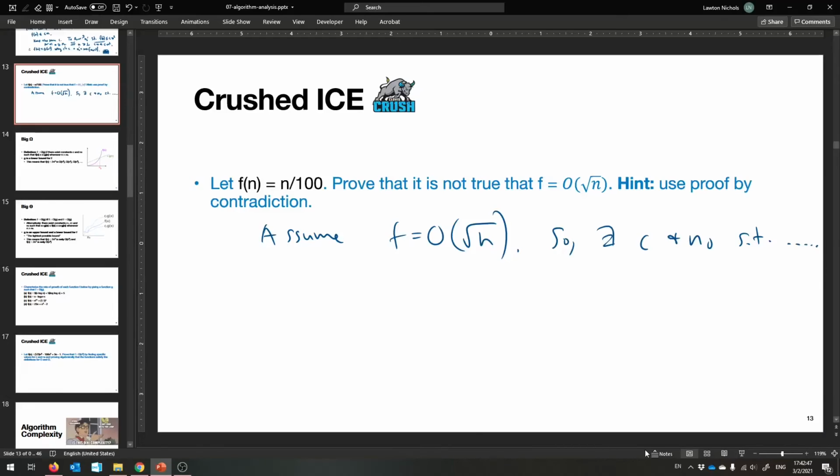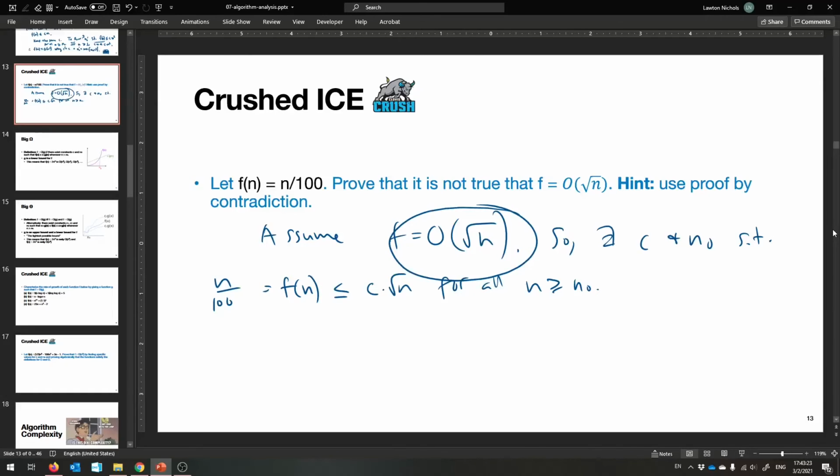Okay, we know therefore that, I guess I do have to spell it out, f of n is less than or equal to c times square root of n for all n greater than or equal to n naught. Okay, and this was just n over 100, and now we have to show that this is not true always. Okay, well, let's pretend we had a number. Let's find a contradiction now. Let's make it so that this was not the case.